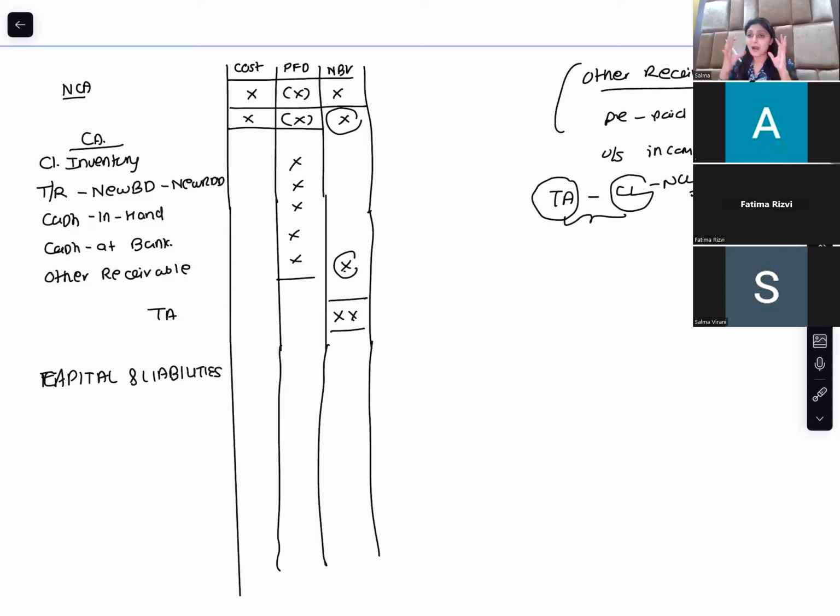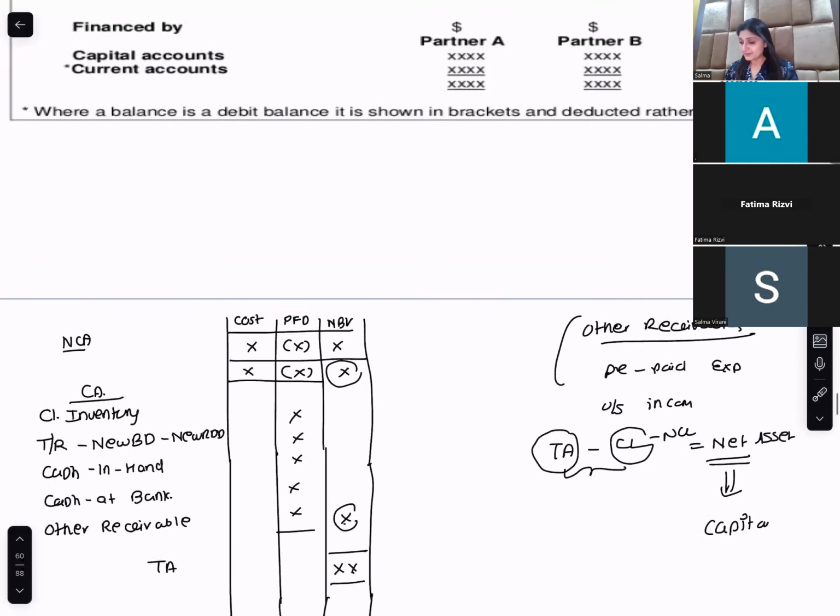In partnership, the only thing that is different is the net assets part, or you could say the capital part.